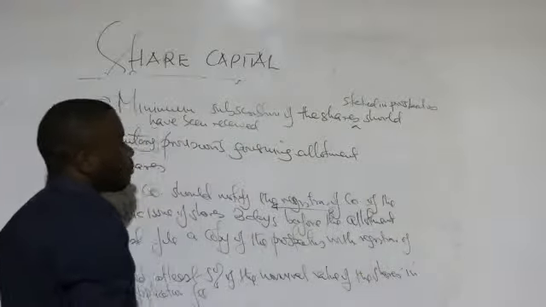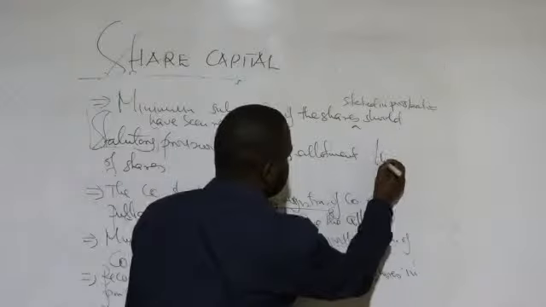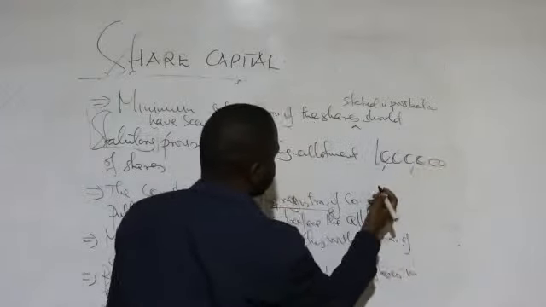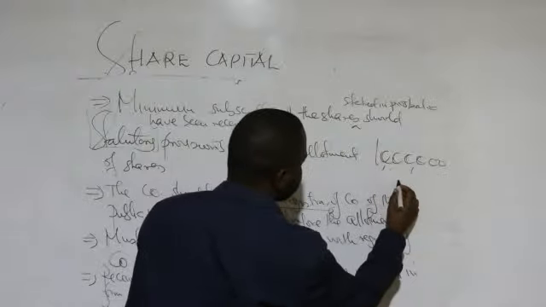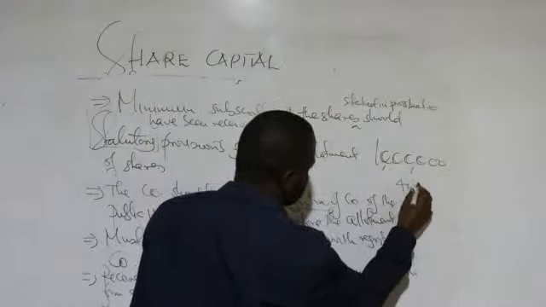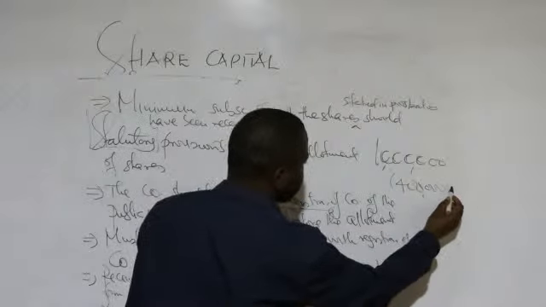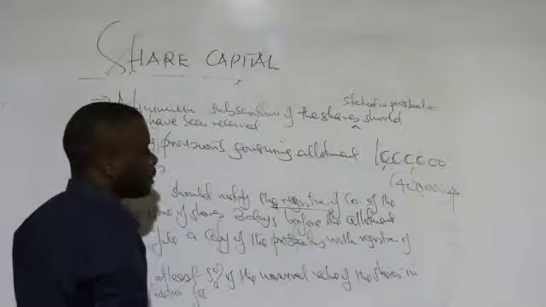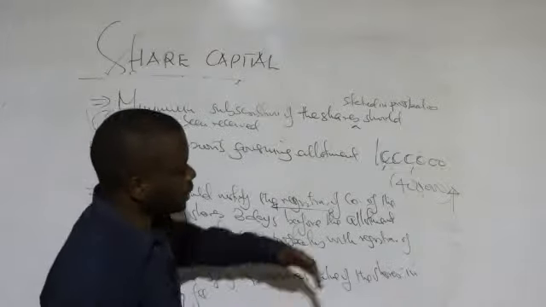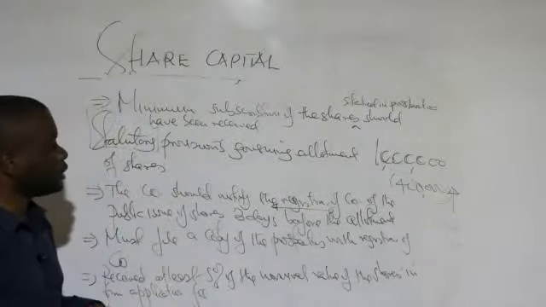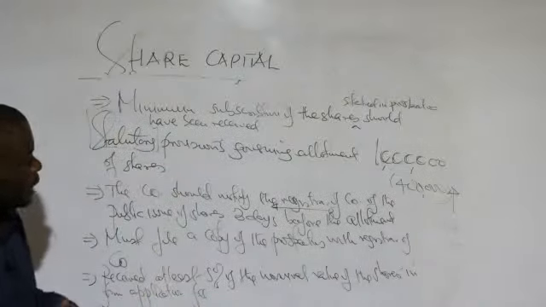So for example, if the company has issued a million shares and they intend to raise a minimum subscription of, let's say, 400,000, then it basically means that if those who have applied for the shares have not met this minimum subscription, the company won't be able to go ahead and allot the shares.